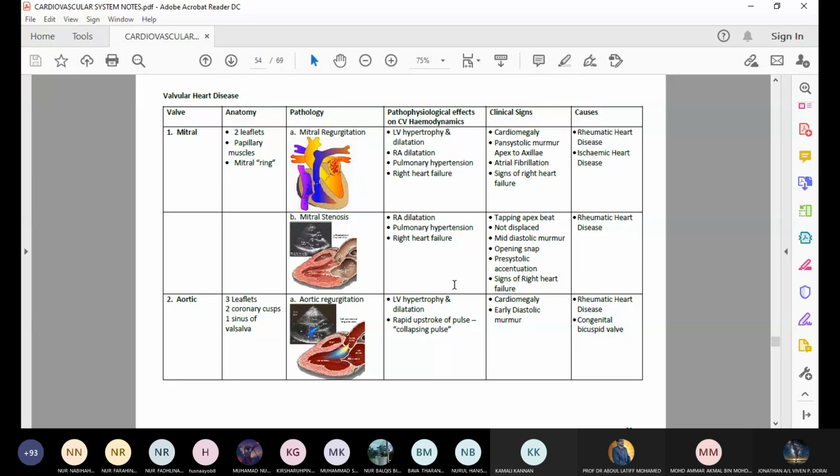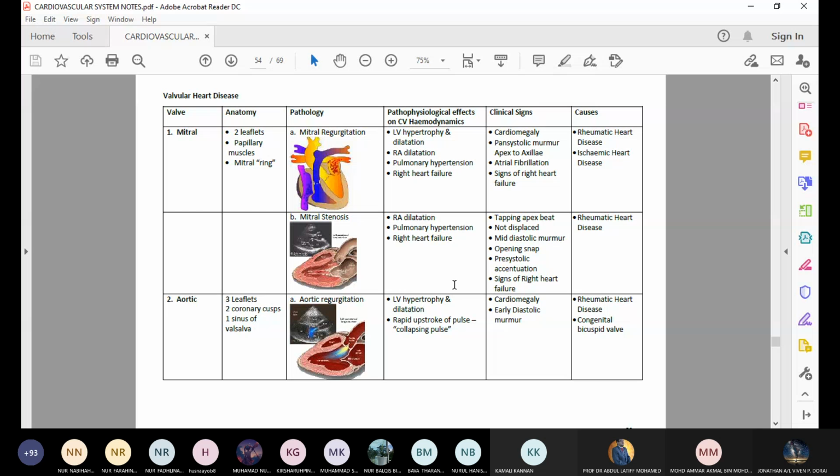There will be hemodynamic consequences because of this. The left ventricle will become hypertrophied and dilated. There will be damage to the left ventricle, okay? Because it's working too hard. So it will be dilated and hypertrophied, okay?